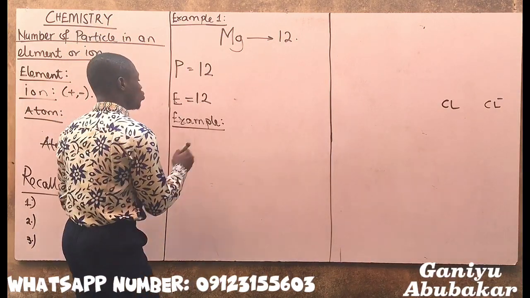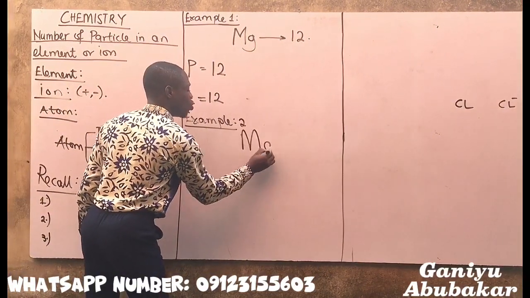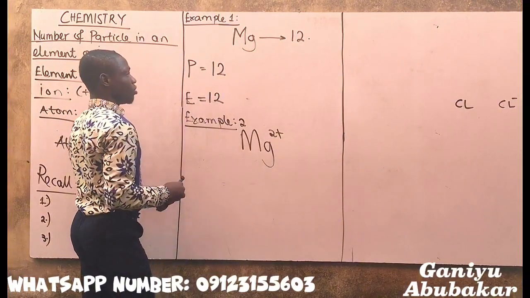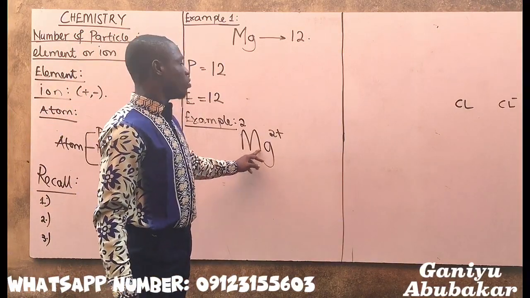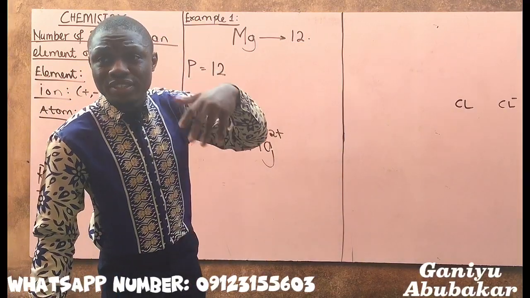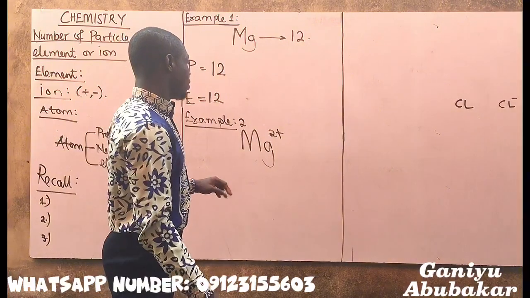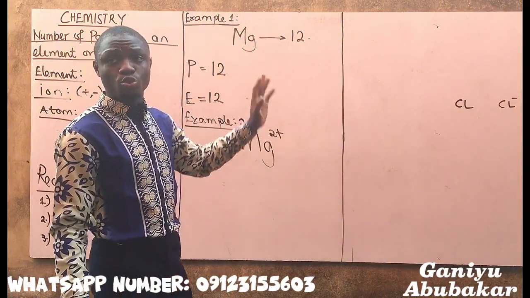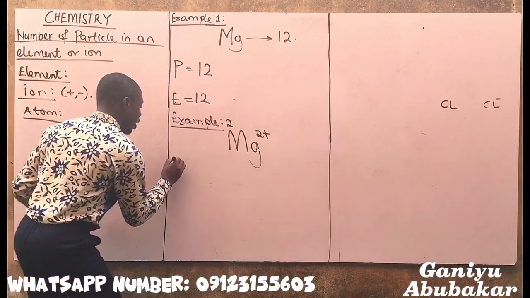Now, for example 2, let's say I have magnesium 2 plus this way. What does 2 plus mean? Magnesium is losing 2 electrons, right? So let's get the number of protons and electrons here.